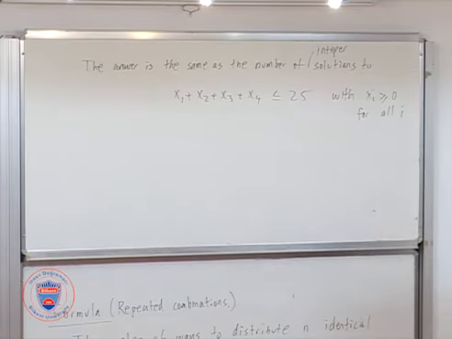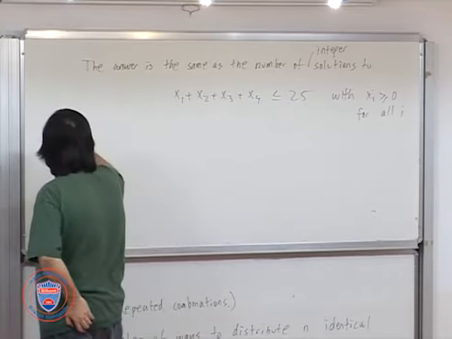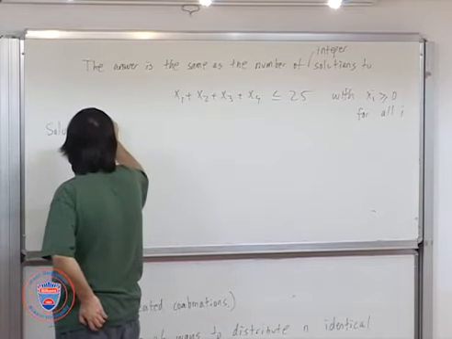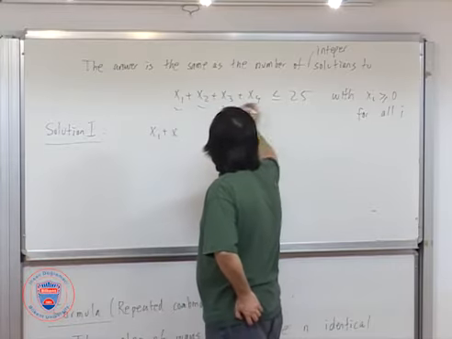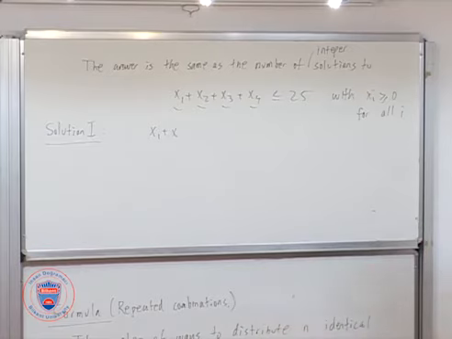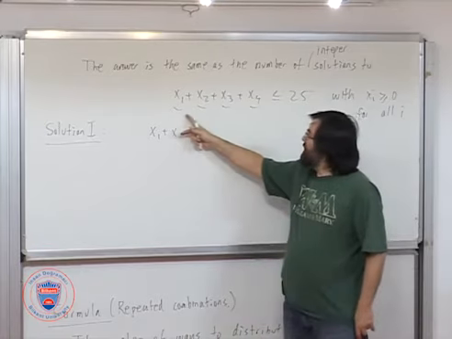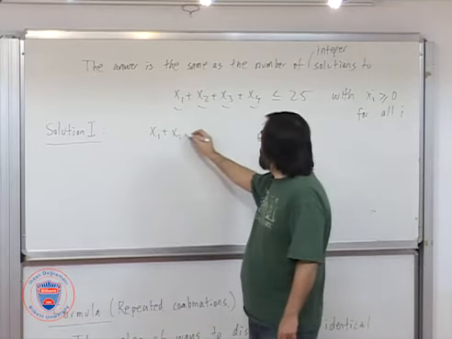Why 29? Because we can never. Okay, so let's do this. Let's call this solution 1. I like this. These are the number of $1,000 units you're going to invest in investment 1, investment 2, investment 3, investment 4.